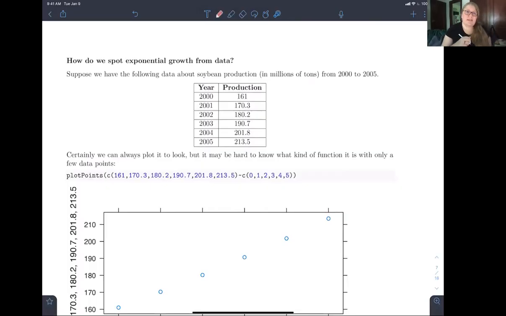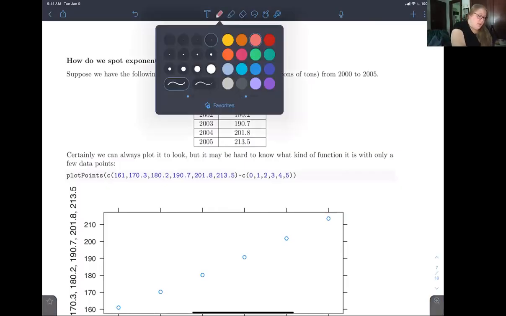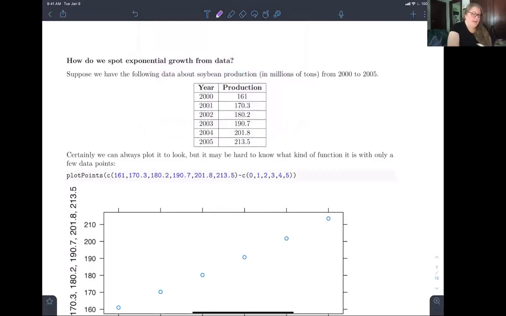Let's look to see if this is a linear function. If you think it's not, because it's in the exponential section, you're on the right track, but we'll see that it's not linear in a second. What you'll notice is that here, the change looks like it's going to be about 9.3 in 1 year.